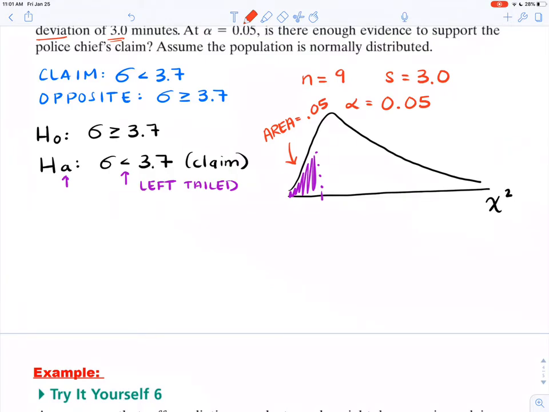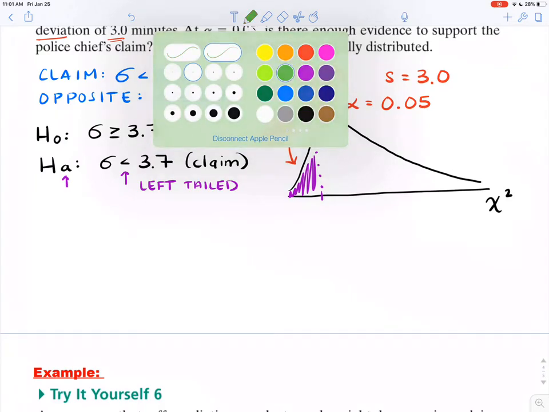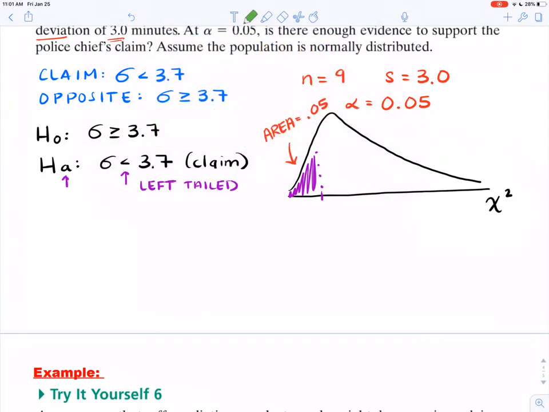Now, if I'm going to use the chi-square table to find the critical value here, the chi-squared table always works in terms of area to the right. So what I'm going to need to do to find this particular value is take the area that I'm given, which is 0.05, and subtract that from 1.